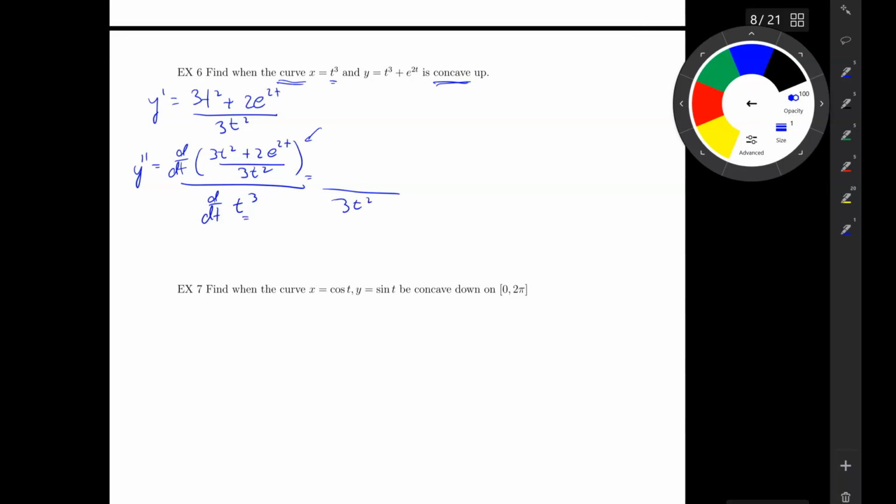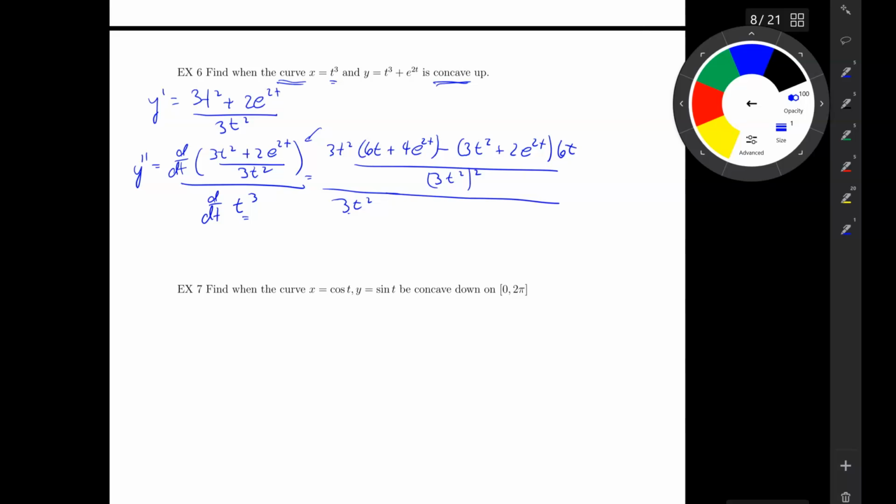The derivative of this, I need the quotient rule. So low d high minus high, and then d low, and then square the bottom, and off you go.